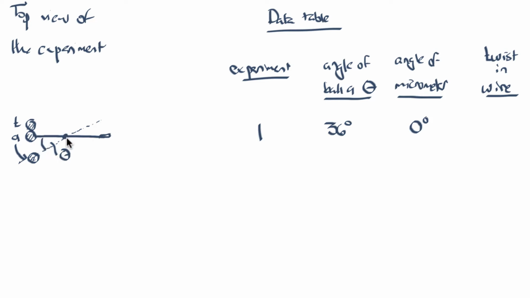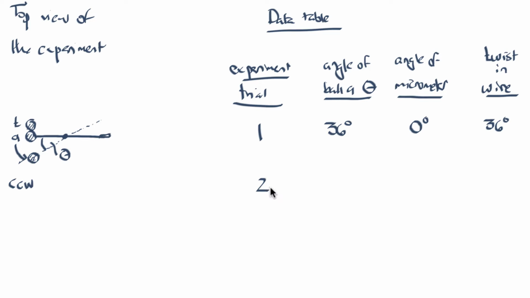Well, originally the wire had no twist in it, but when this ball swings out in this direction, in the counterclockwise direction, CCW, there is 36 degrees of twist in the wire. In other words, the wire has twisted by a total amount of 36 degrees. Okay? So this is the experiment, or we might say the trial. I guess that's how he describes it here. So that's the first trial.